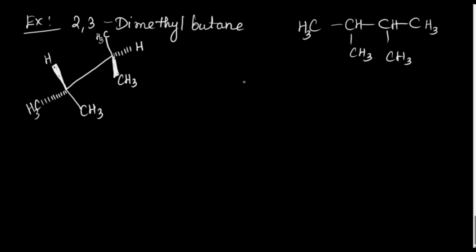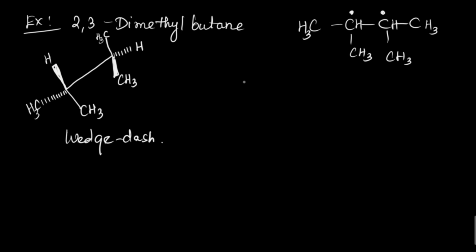So I took wedge dash like this. Okay, depending on that we can write the other projection formulas. I'm considering these two carbons as the main carbons, front and rear carbons.